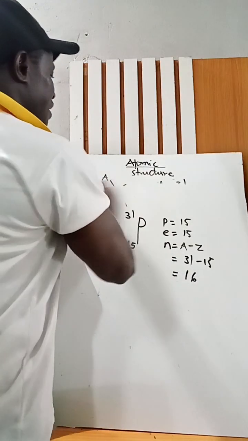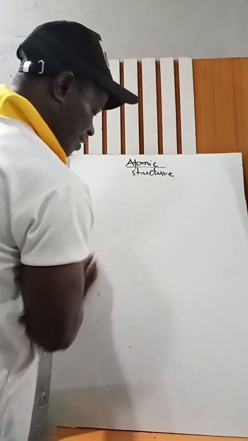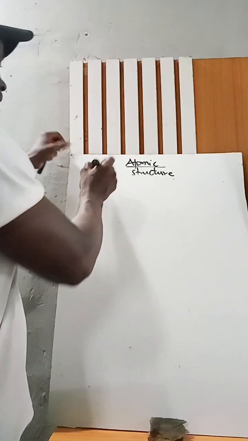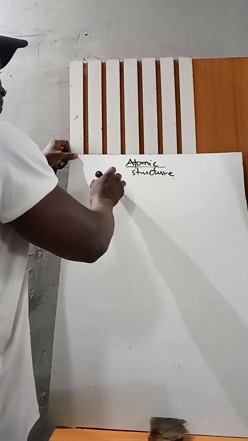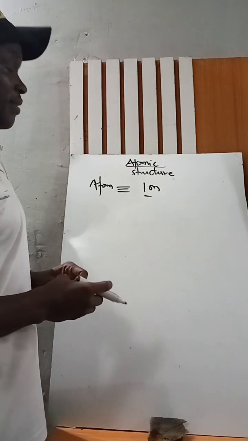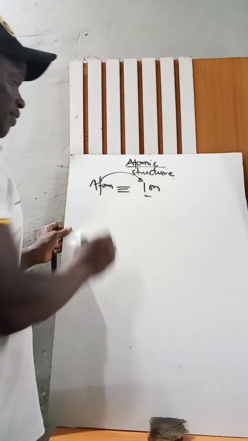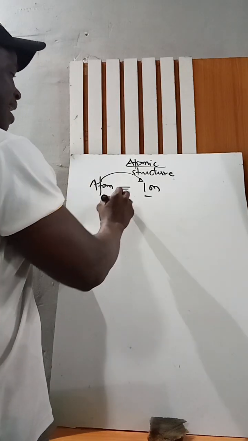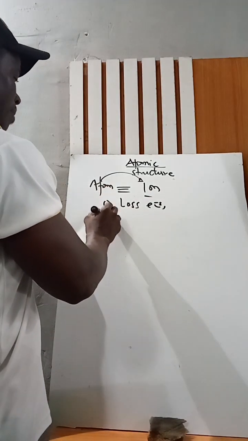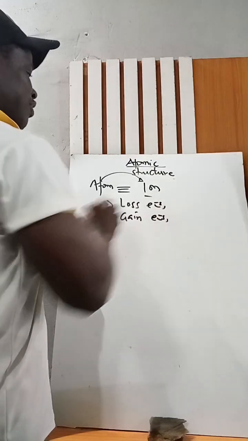All right, now, guys, I'm going to use more of this formula and solve a lot of questions. But before I do that, how can an atom become an ion? There are two ways in which an atom can be transformed into an ion. Number one, they lose electron. Number two, they gain electron.